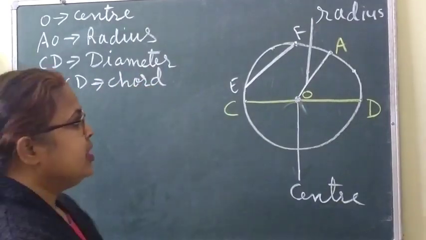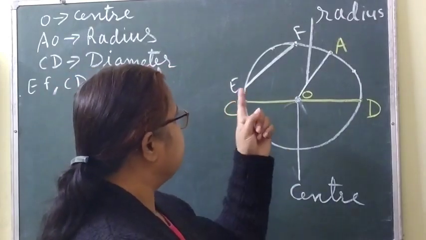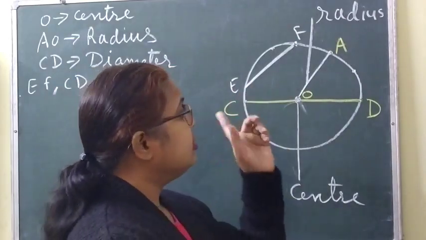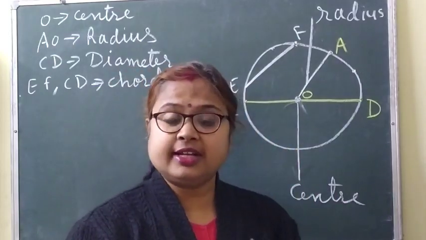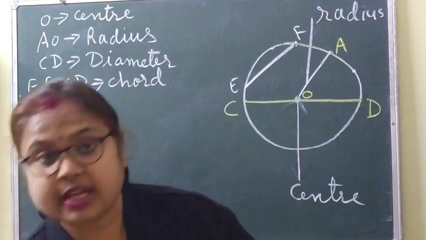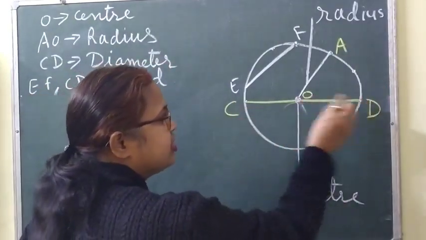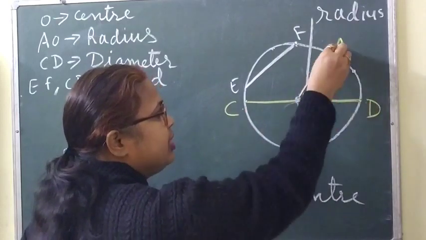Okay. Now this is the radius, this is the center, this one is the chord. Now, the relation between the radius and diameter. CD is the diameter, OA is the radius.